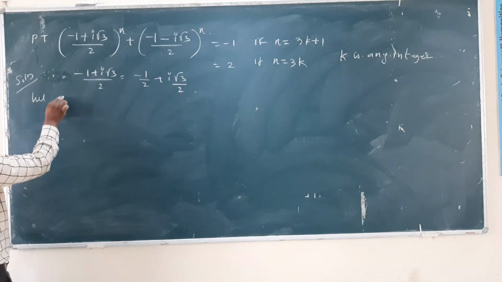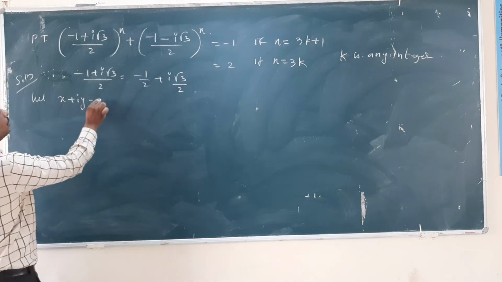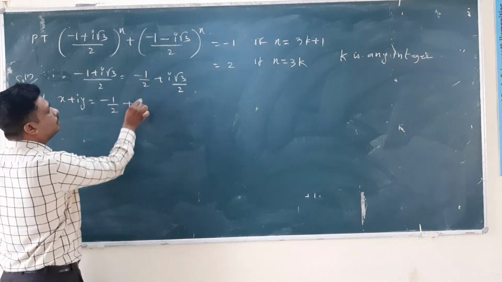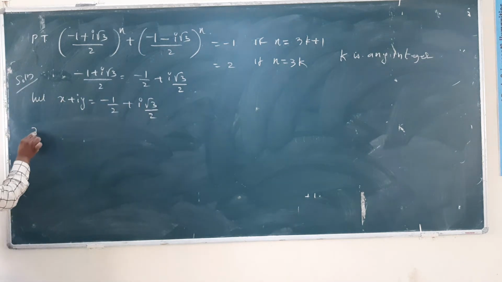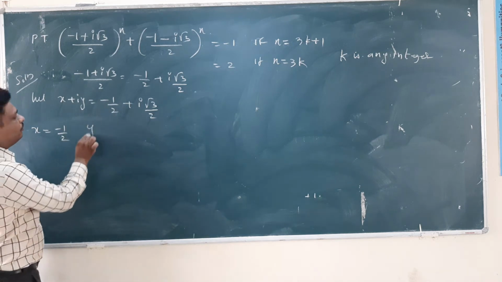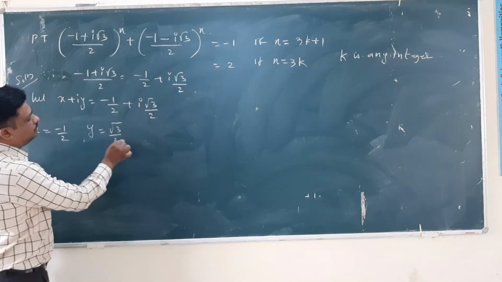Let x + iy be equal to -1/2 + i√3/2. Here the value of x is -1/2 and the value of y is √3/2.